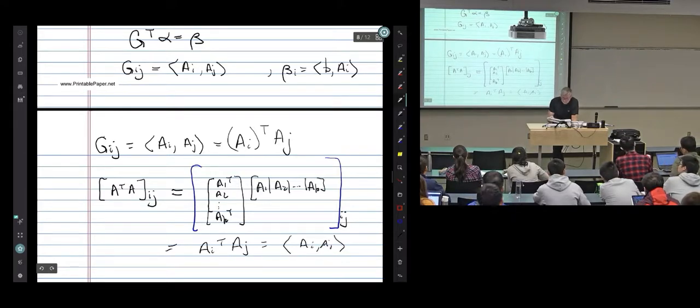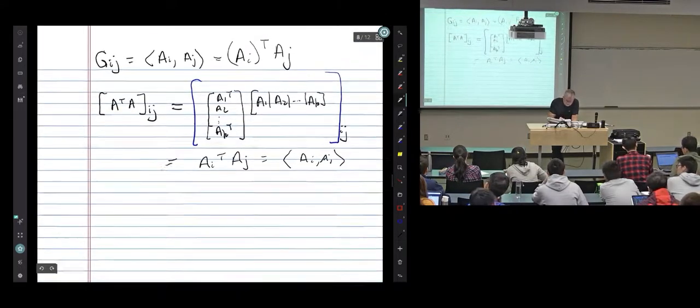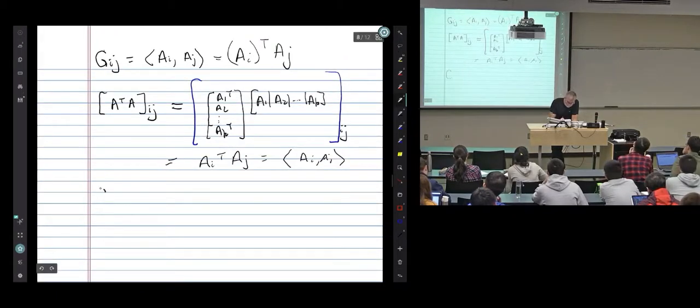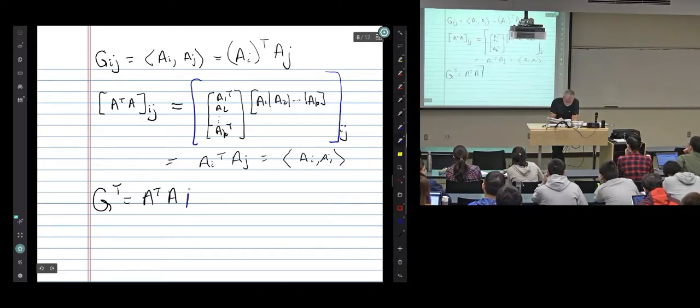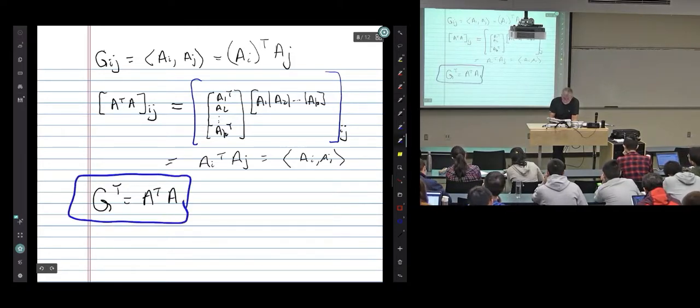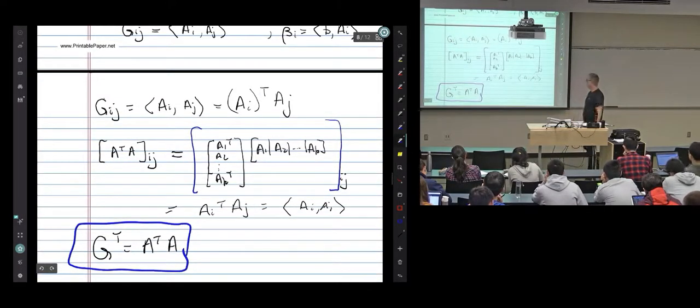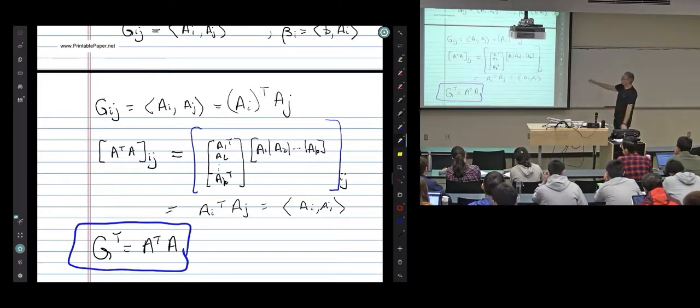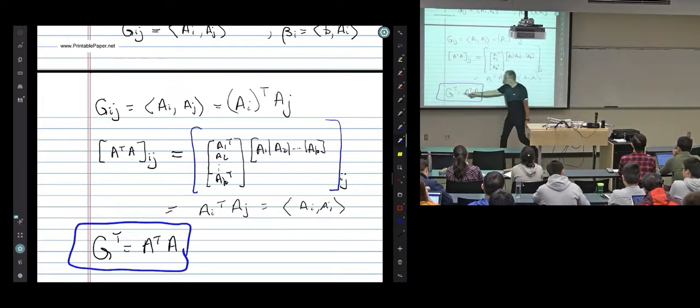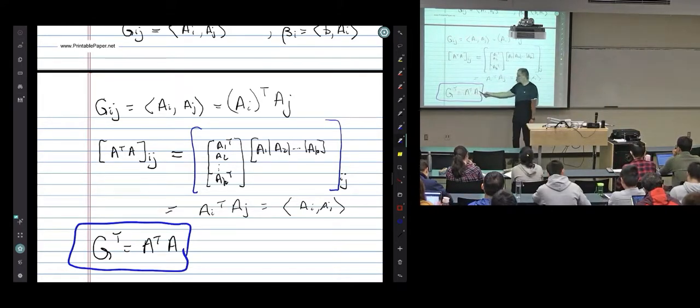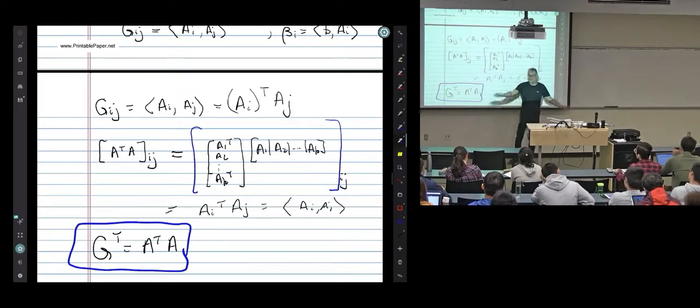So that's Gij, so G transpose equals A transpose A. Okay, so we're just working out what is the Gram matrix. G is symmetric because if I transpose this, I get A transpose A. So that transpose, if you don't like it, just throw it away.